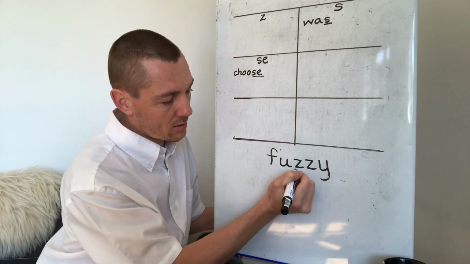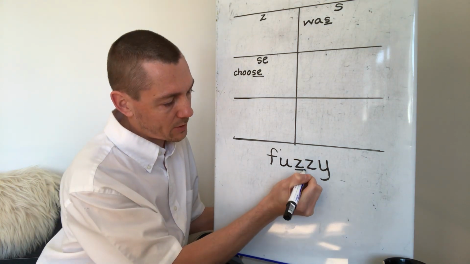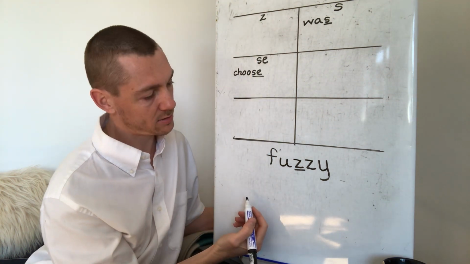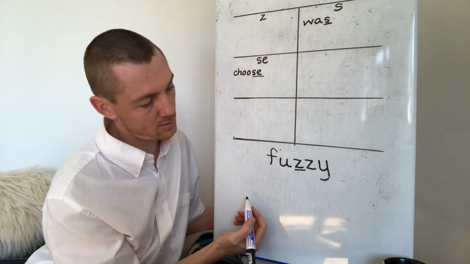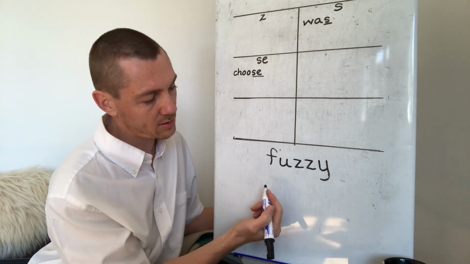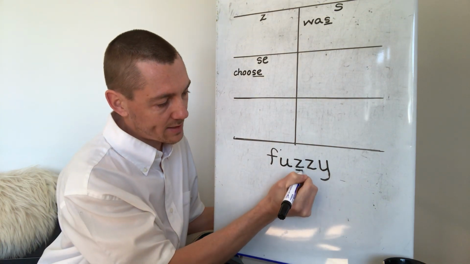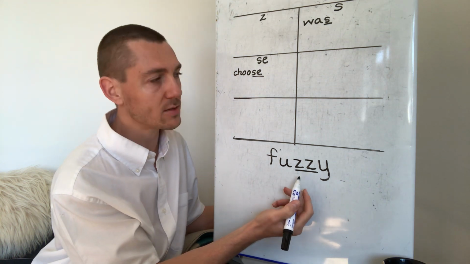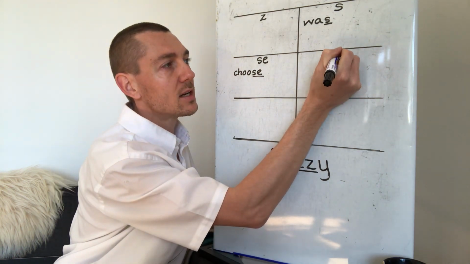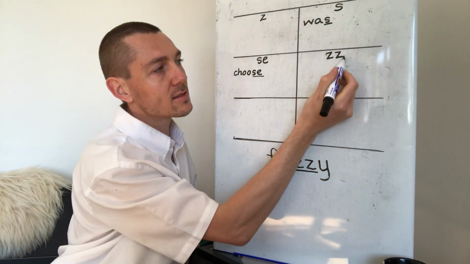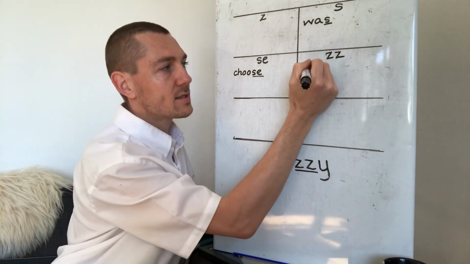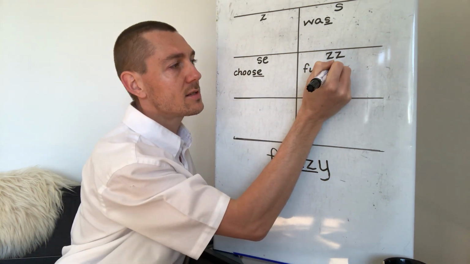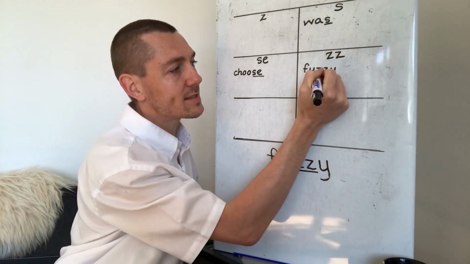I think that we do, because we've got a Z here and we've got the Z spelling of Z here. So is that right? No, because in this word we've got the double Z spelling of Z. So it's 2 letters but 1 sound again. It just happened to be the same letter. So we say Z with 2 letter Zs. And we say f, z, z, fuzzy.